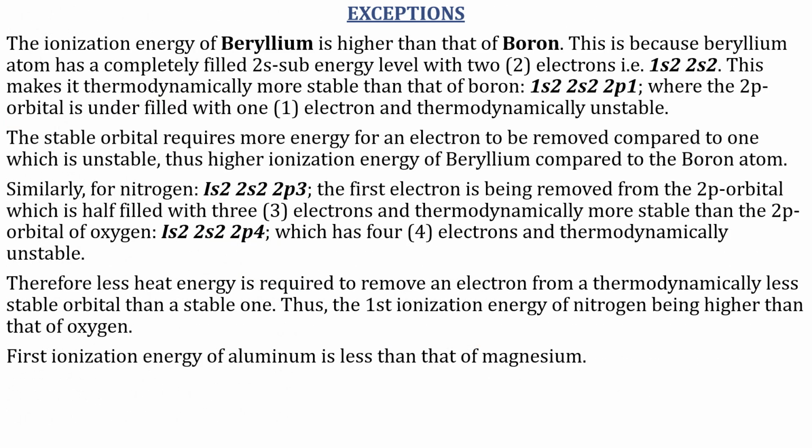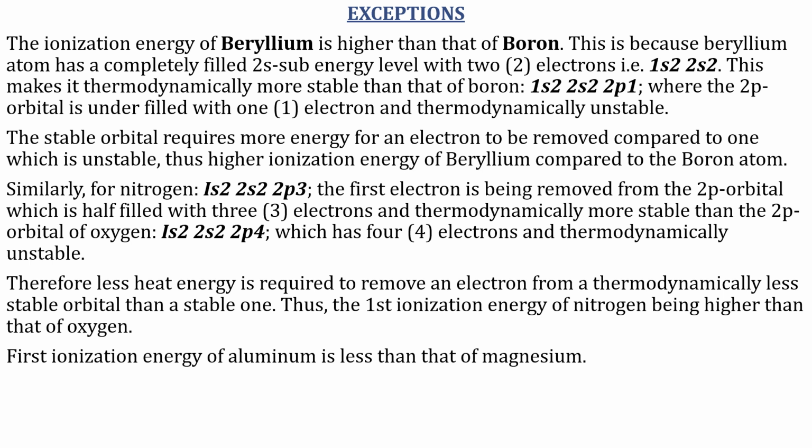So in proceeding, we shall have a look at exceptions. Now, for the case of exceptions, the ionization energy of helium is higher than that of boron. For exceptions, in most cases, they compare two elements. And whenever they are comparing two elements, you are supposed to first state their electronic configurations.